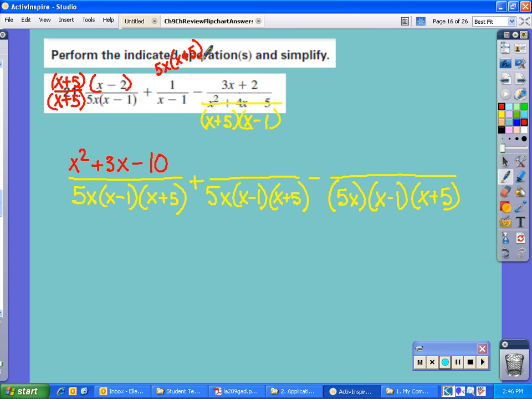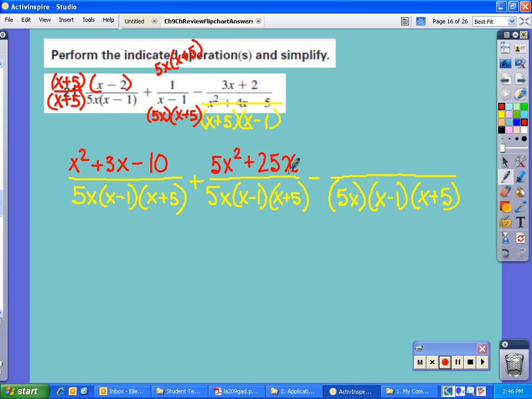We'll be multiplying both of those times the 1 on top. So we're really just multiplying them together, and we'll get 5x squared plus 25x.